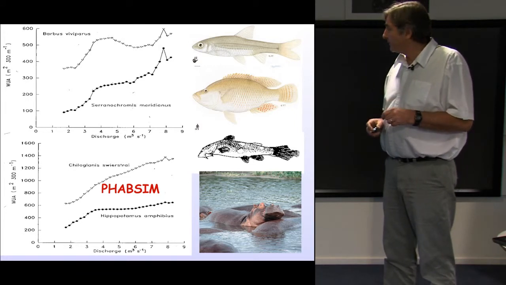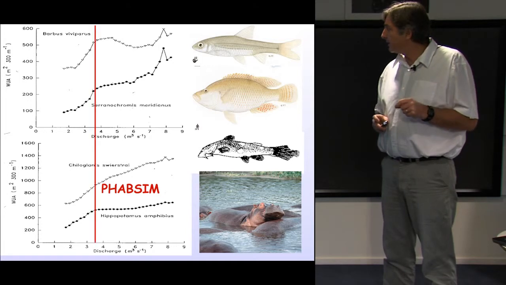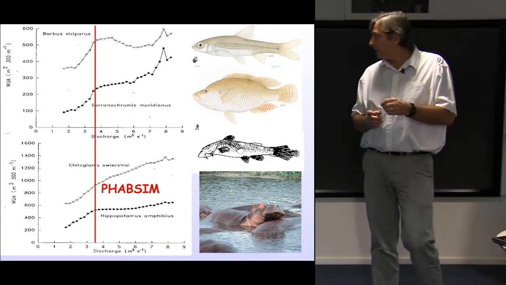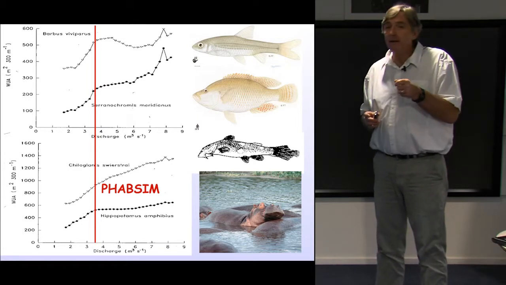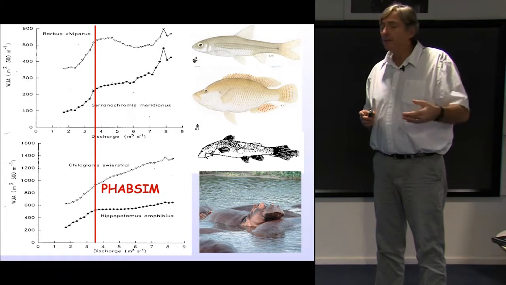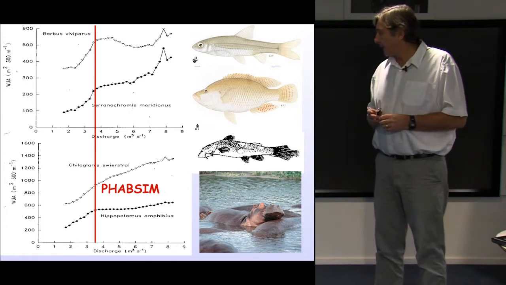But what's very interesting is that for all 4 species, when you get down to about 3.5 cubic meters per second, there is a very noticeable increase in the rate of loss of preferred habitat.